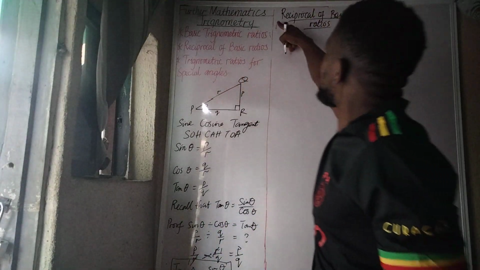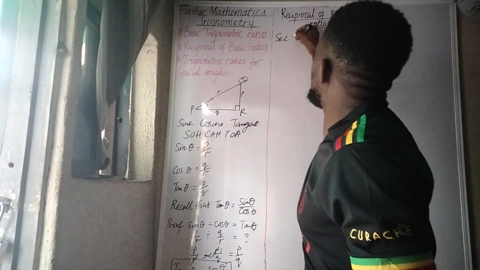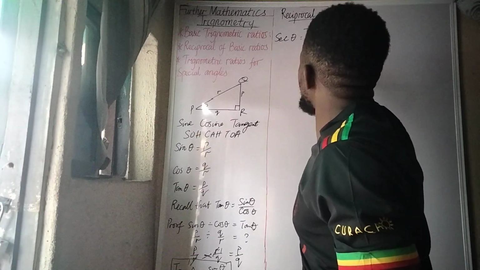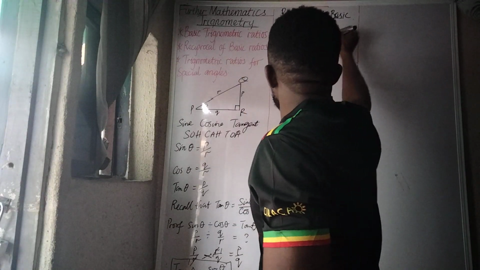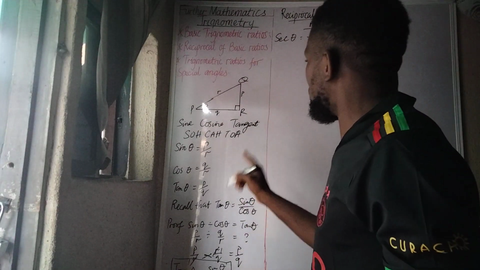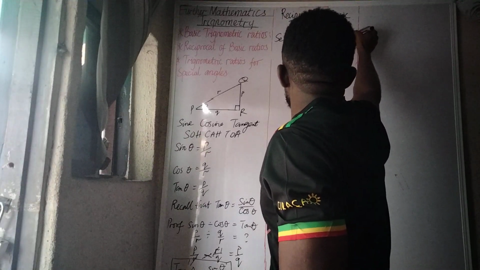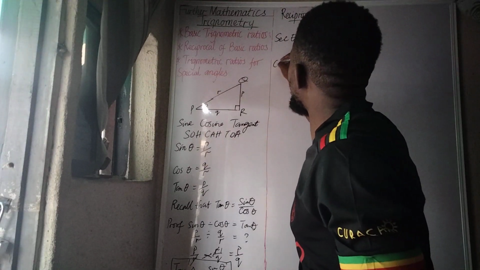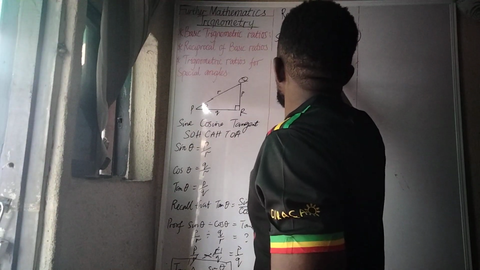The first on the line is sec theta, which will be 1 over cos theta. Our cos theta is q over r, so we have 1 over q over r, which gives r over q. Next is cosec. Cosec theta will be 1 over sine theta.